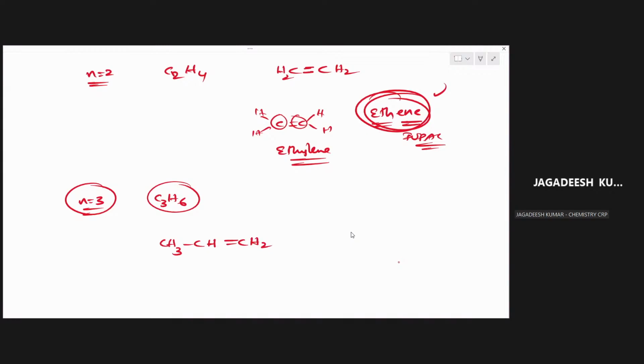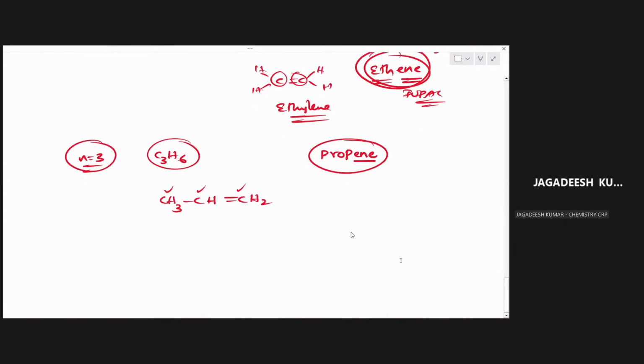What is the IUPAC name? Alk means root word. How many carbons? 1, 2, 3. So prop is the root word, and you add the primary suffix ene: propene. Like that, for any n value you can draw the structures.